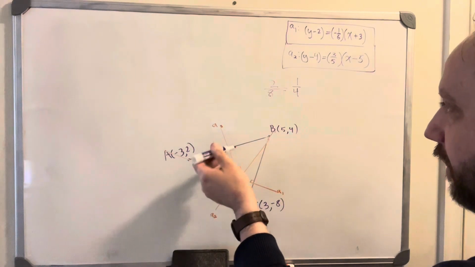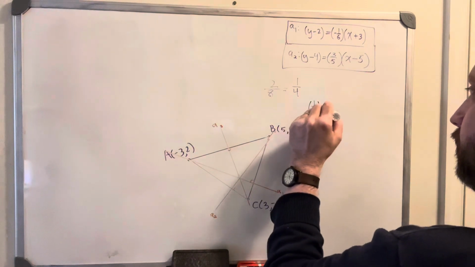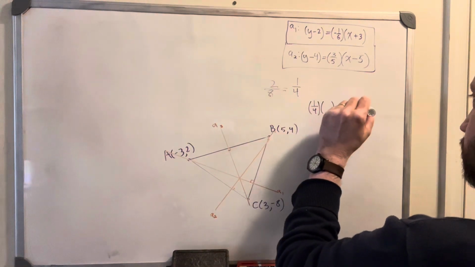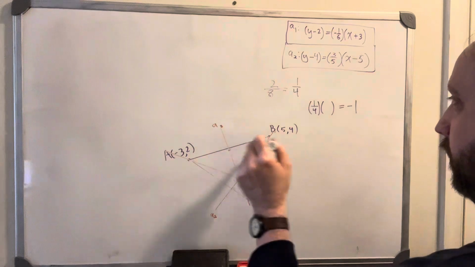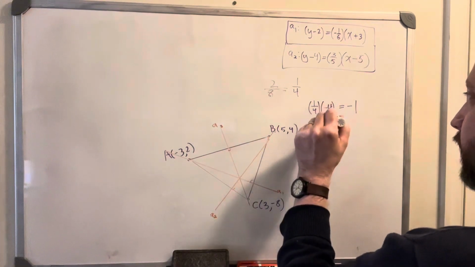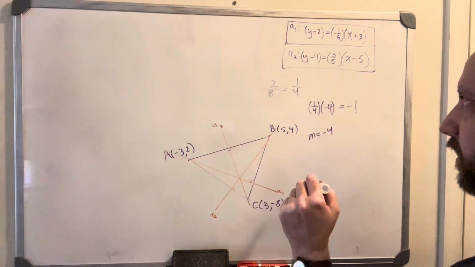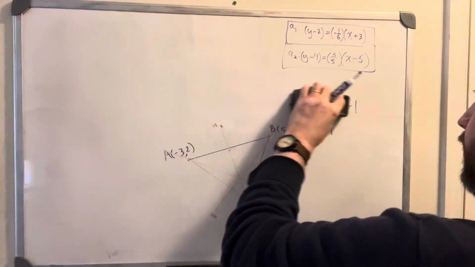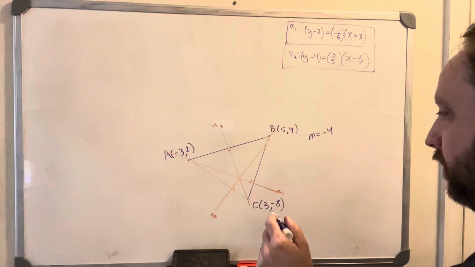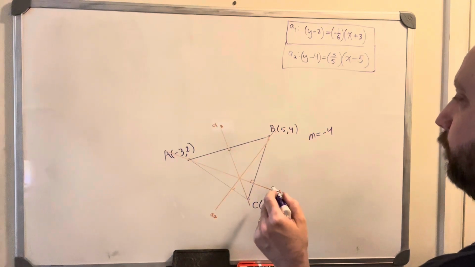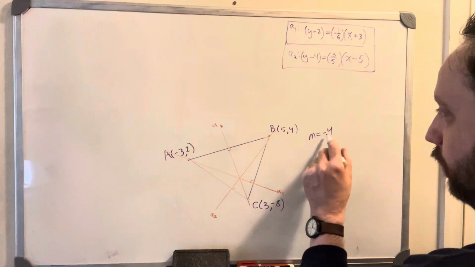Now the slope of this side, we're going to say 1/4 times what equals -1. You can tell that the slope of this line is -4. So now we know the slope is -4. And so to write in point slope form, try pausing right now and see if you can write the point slope form of the line that passes through 3, -8 and has slope -4.